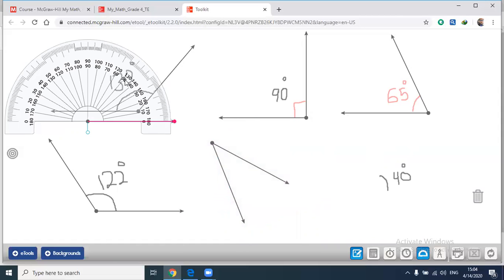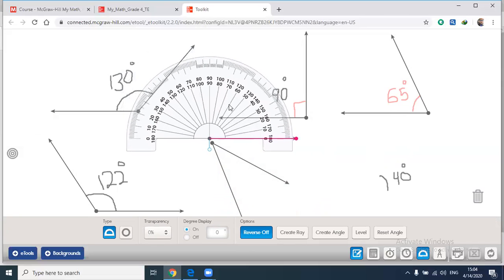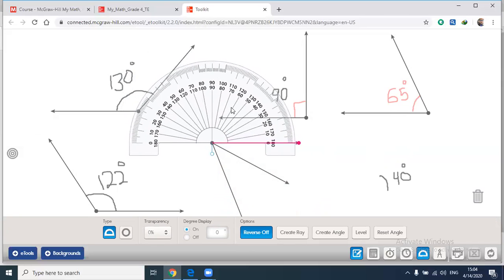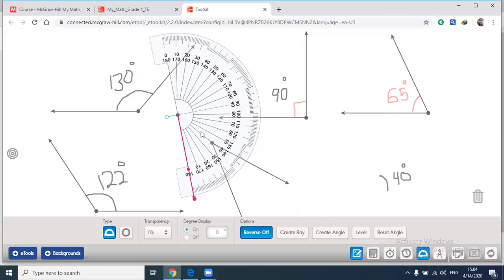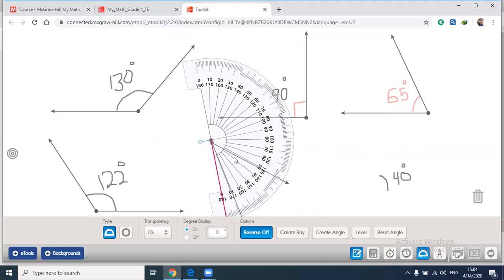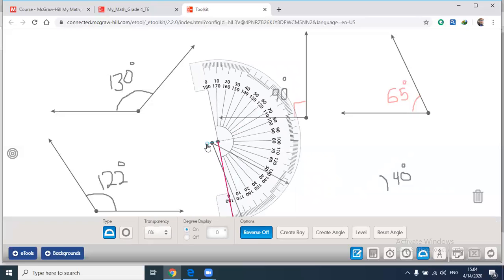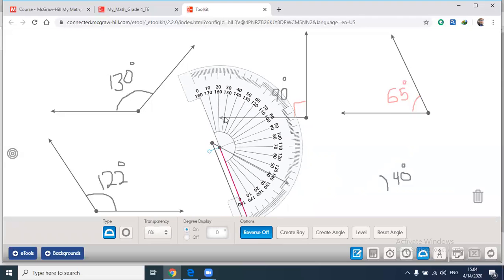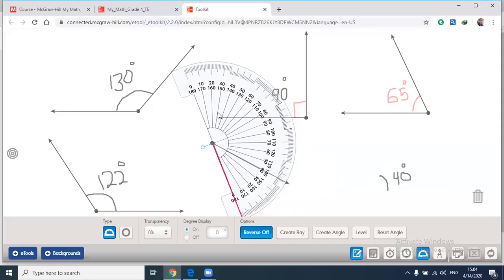Just place the protractor with its center on the vertex of the angle, and then rotate the protractor to fix it well, as we see like this.